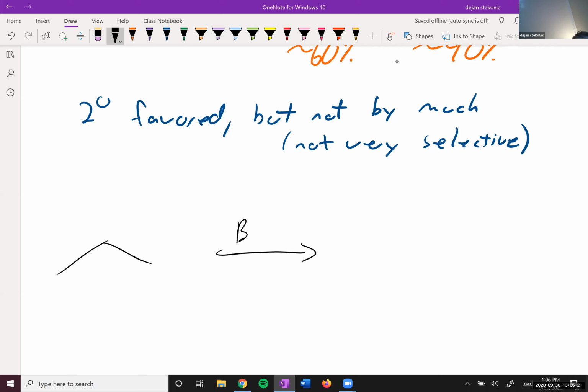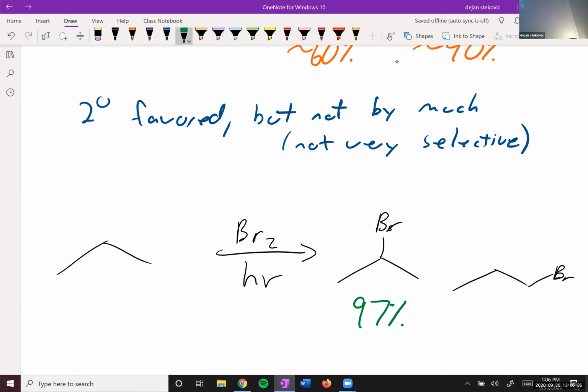If we take a look at the same reaction now with bromine, remember this is much less exothermic, and so it'll go a little bit more slowly. And this will get much better results. So if we take a look at these, we'll see that we get 97% of this secondary, and then only about 3% of this primary.